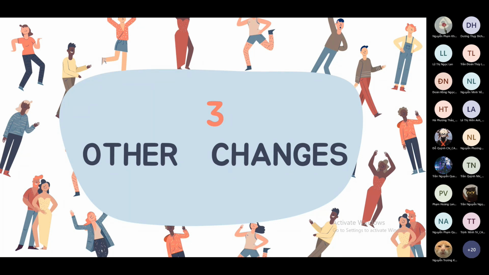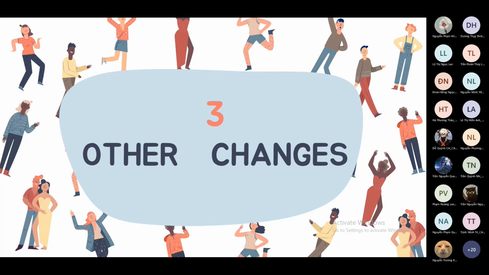So the table of backshift is given to you in the handout, and I hope that you all know about this because this is basic knowledge that you need to know before.